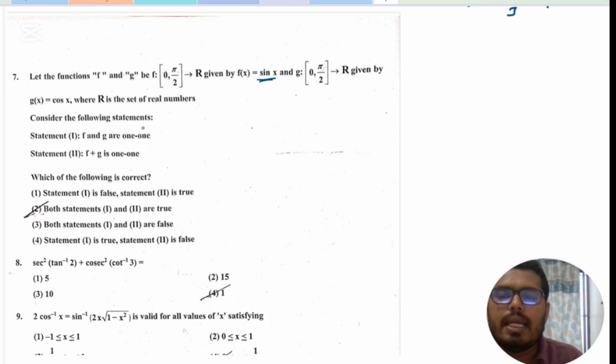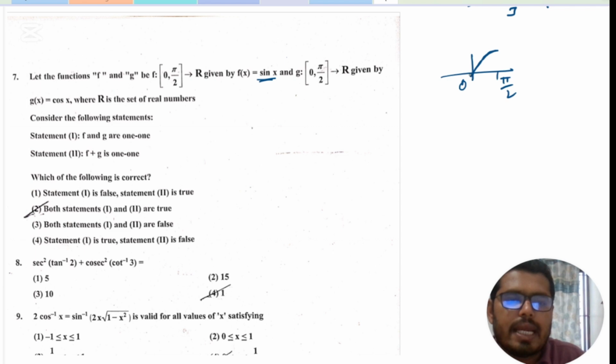Okay, if you draw the graph in 0 to pi by 2, it is the graph of the function sin x. Therefore, if you draw any horizontal line, it cuts only one time. That's why sin x is 1-1 in 0 to pi by 2.